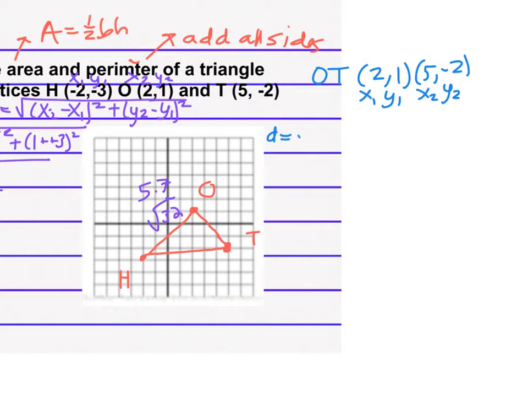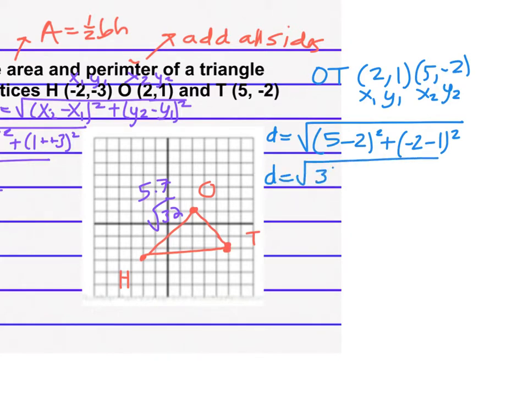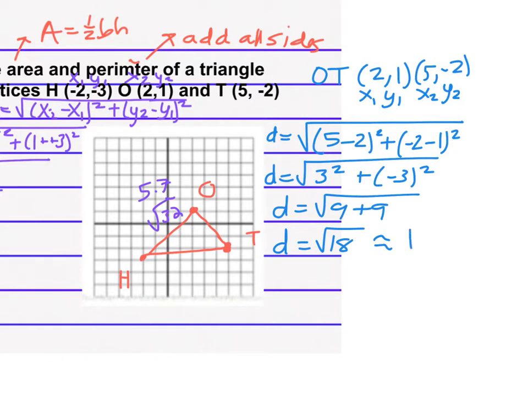So to find my distance, x2 minus x1 is 5 minus 2. y2 minus y1 is -2 minus 1, so nothing gets changed to a plus. 5 minus 2 is 3. -2 minus 1 is -3. 3 squared plus 3 squared is 9 plus 9. Remember, a negative squared is positive. I get square root of 18, which is about 4 something. I know that because square root of 16 is 4, so this is a little more than 4. 4.2.